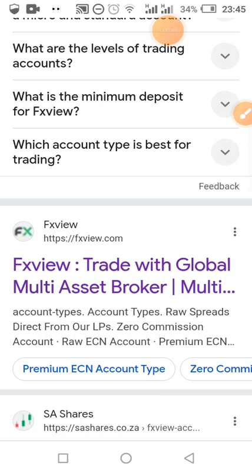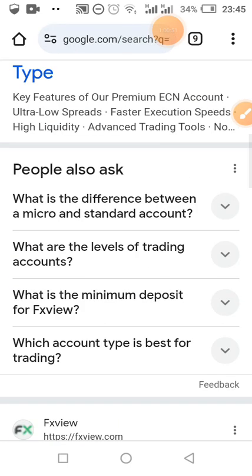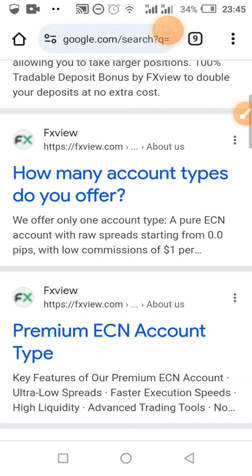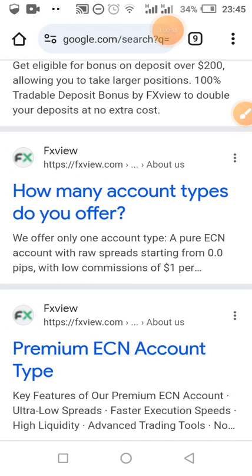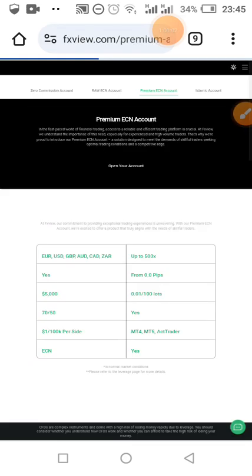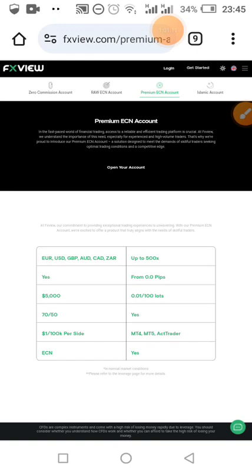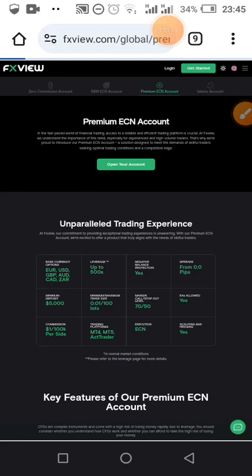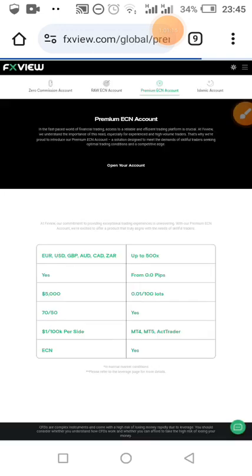Because some brokers, especially booking brokers, if you trade with very good performance, they could actually close your account saying that you should have opened your account as a professional account or premium account, whatever account name they may use for such types of accounts.